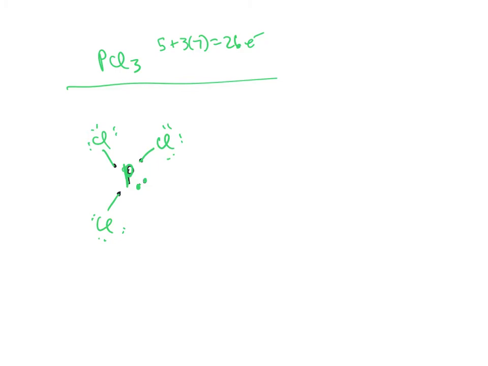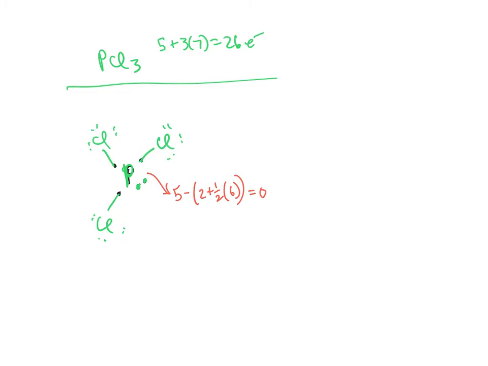Okay, so then what's the formal charge on these? So the phosphorus by itself is 5, and then you're subtracting 2 lone pair electrons plus 1/2. It's got 3 single bonds, so that's 6. And that's going to be 3, 5, so that's going to be 0.